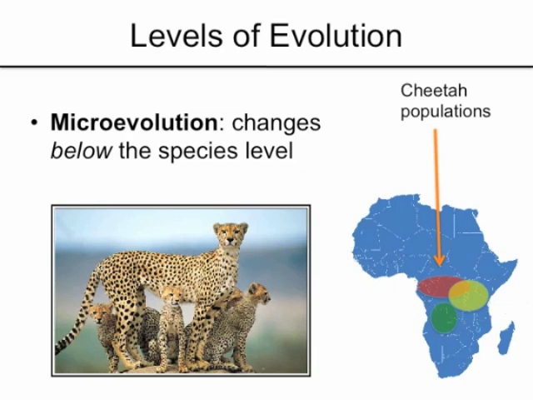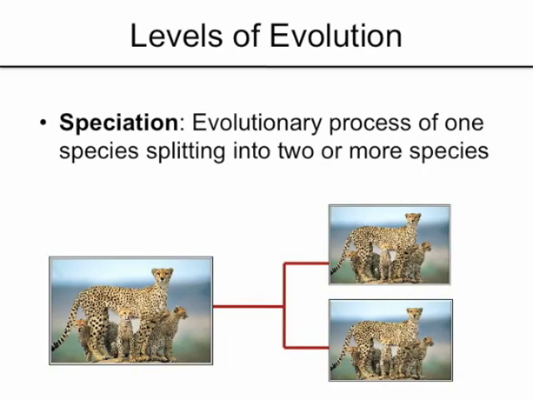Especially at the end of this chapter, we'll go back and look at those higher categories and look at how we can group things together based on evolutionary histories and put them into larger groups that share common characteristics. So speciation is the evolutionary process of one species splitting into two or more species, and this starts with separation of populations, reproductive isolation, and differences forming between those two groups.